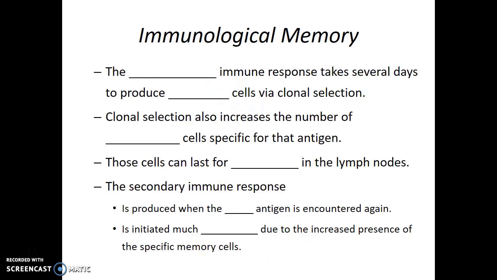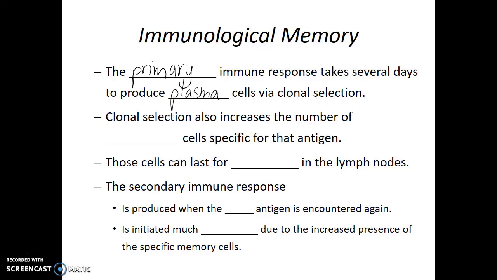Now, the primary immune response is the very first time that we've encountered a particular antigen. And in the primary immune response, it may take several days to produce plasma cells via clonal selection.